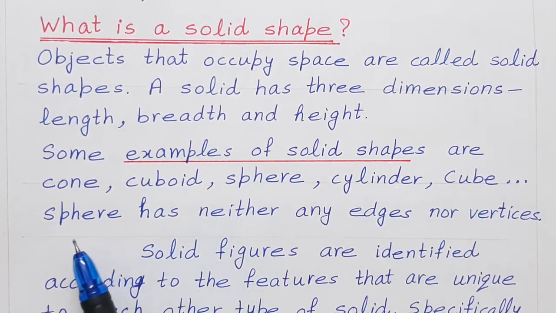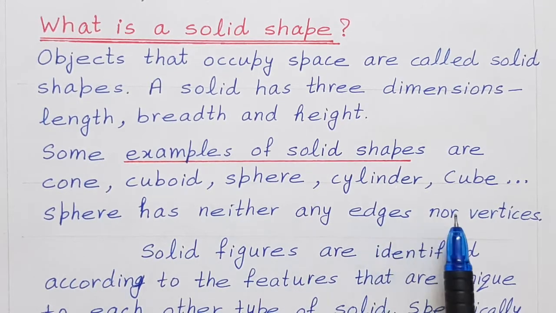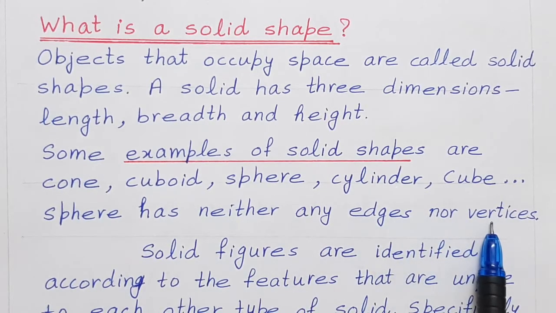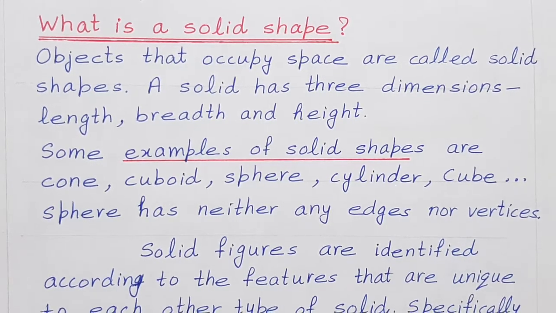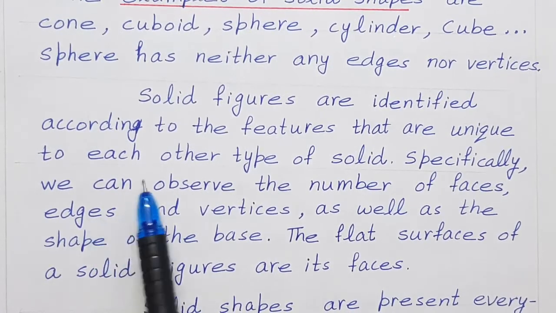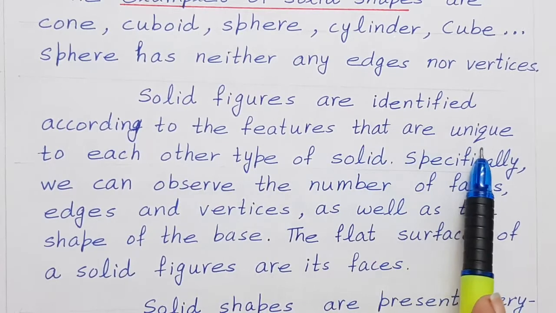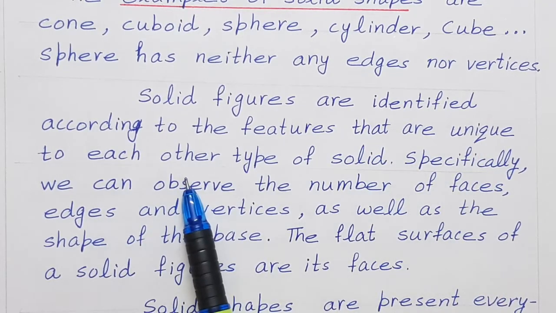Now here, sphere has neither any edge nor vertices. Is it clear to you? Now, the solid figures are identified according to the features that are unique to each other.